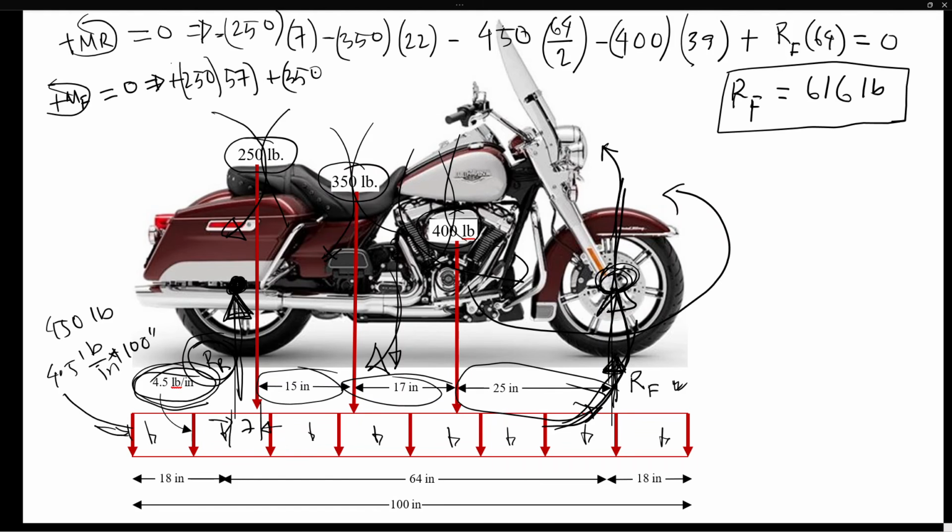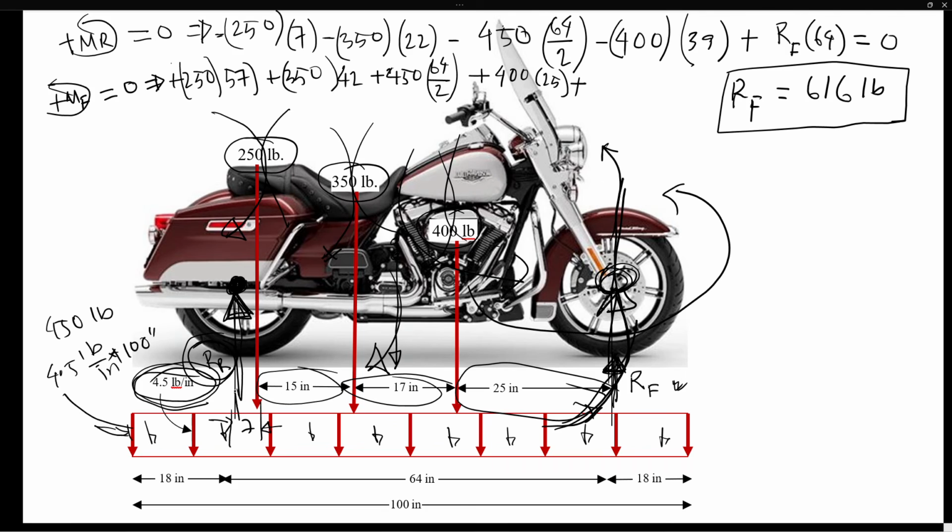And I calculated that the rider is 42 inches away from the front wheel, plus 450 chassis, which is exactly going to act at the middle, 64 by 2, plus 400 engine weight, which is 25 inches away, minus the rear wheel.